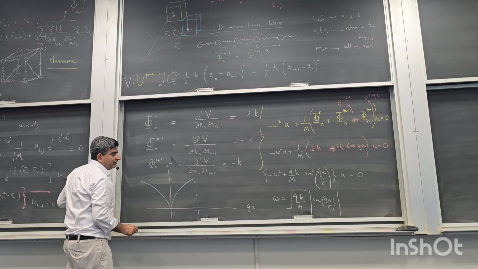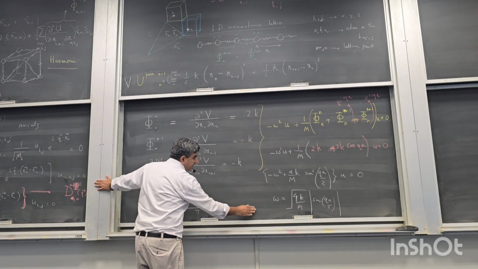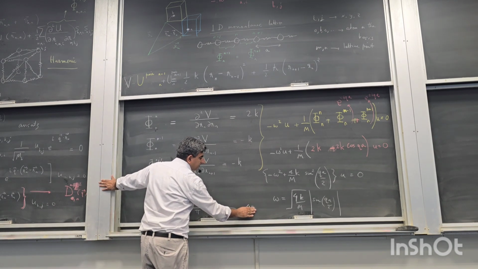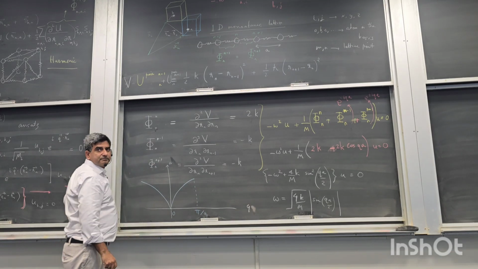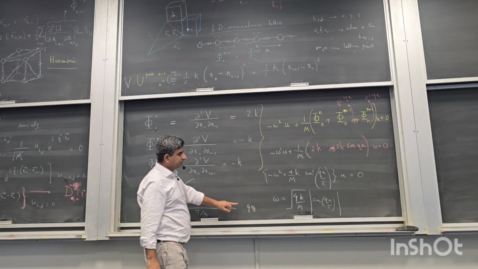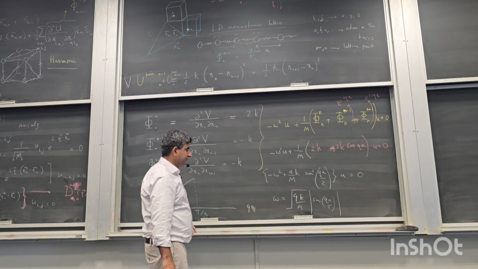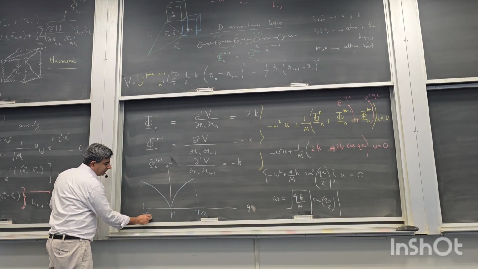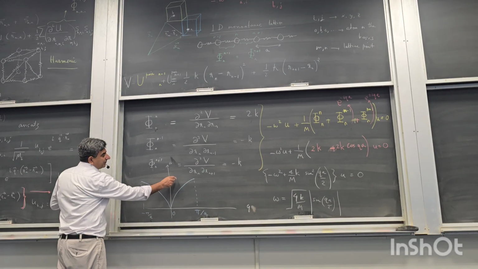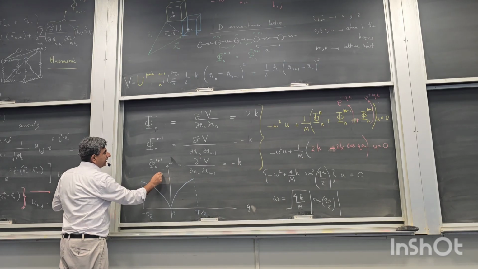So when Qa becomes pi, if I were to plot with respect to Q, this Q becomes pi over a. When this Q is pi over a, this is maximum. This is minus pi over a, it's maximum, with a value given by square root of 4k over m.